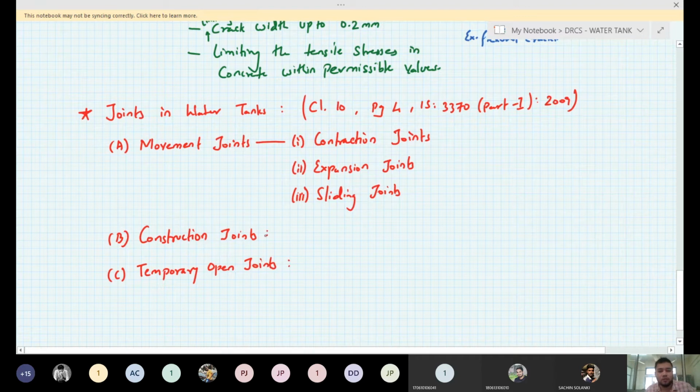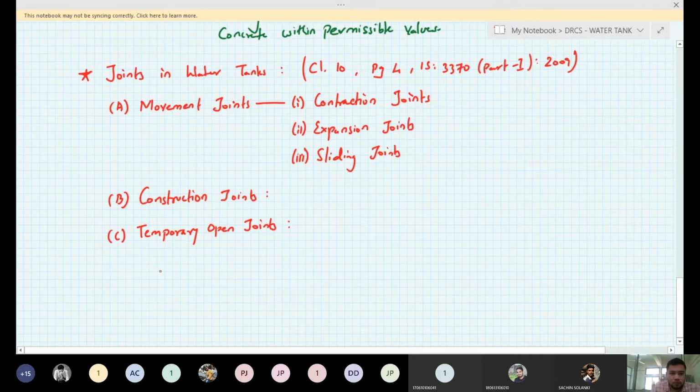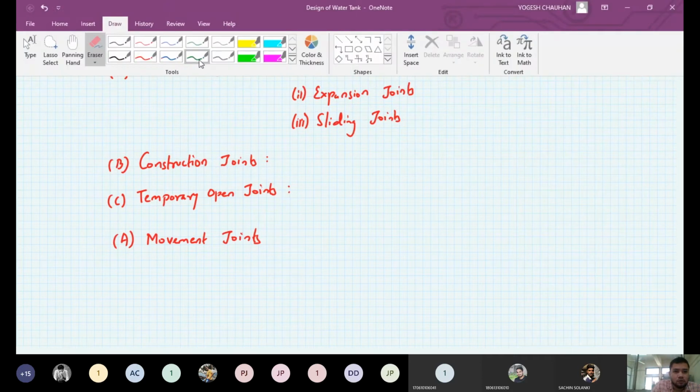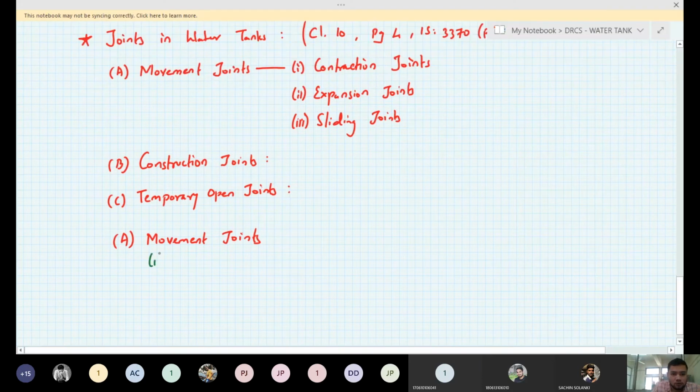Okay. Now we'll see one by one each of them, and for more details you can refer the clause number 10 of IS 3370. So the first is the movement joint. The first is contraction.